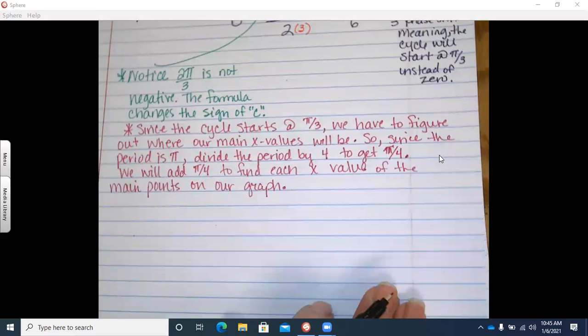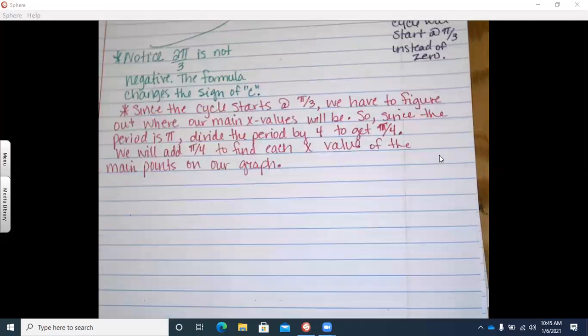And that's going to mean we're going to have to do some adding of fractions, which I know you all know and love. So I'm technically finding 5 points because I have my starting point, then you have the 3 in the middle, and then you have the ending point, right? So technically that's 5 points.